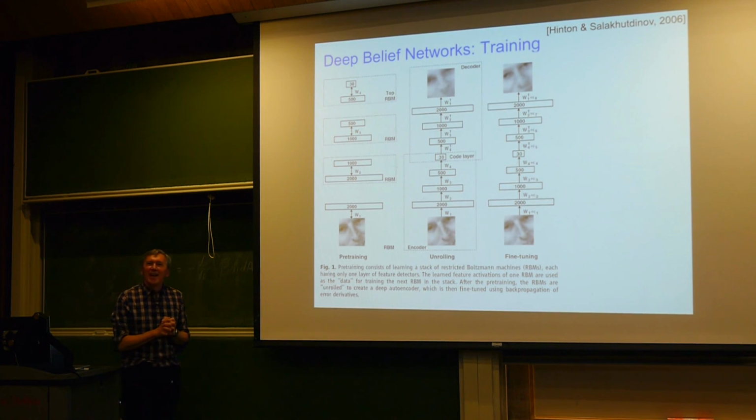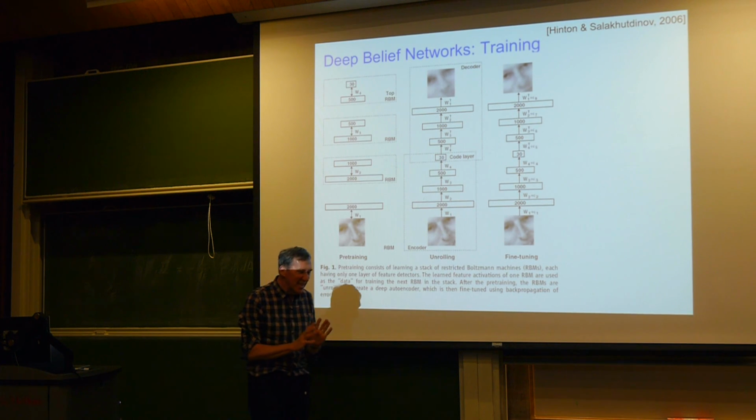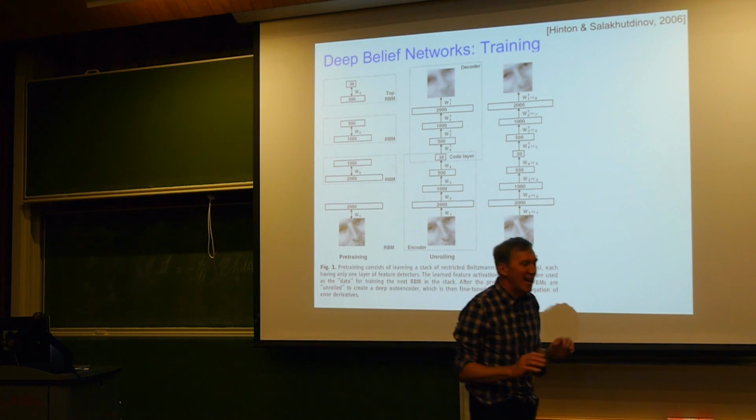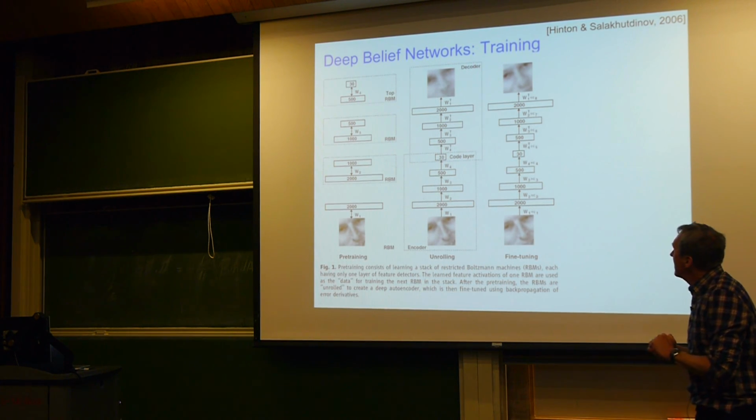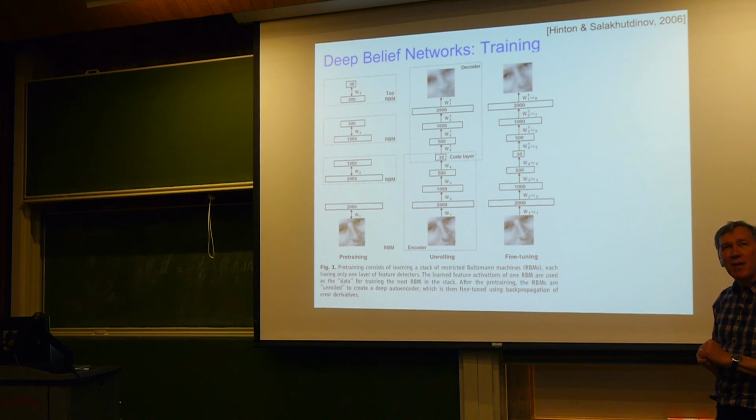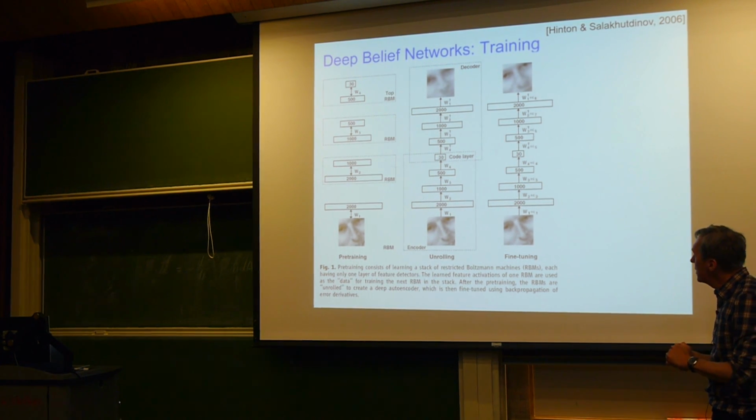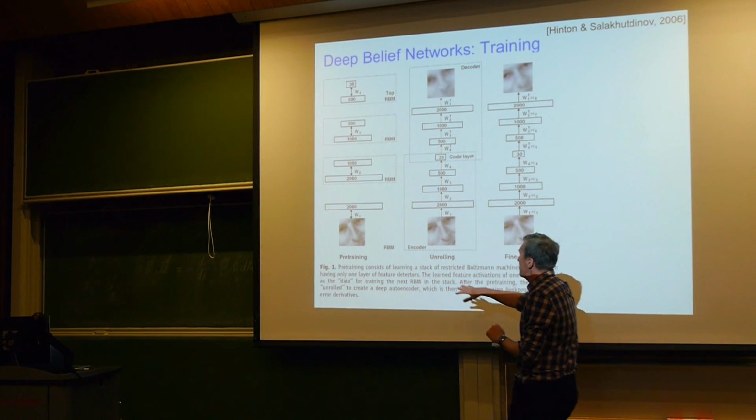Well, here's how they did it. The big problem with training deep networks is local minima are rampant and it takes forever. So here's what they did. I'll just read you the figure.